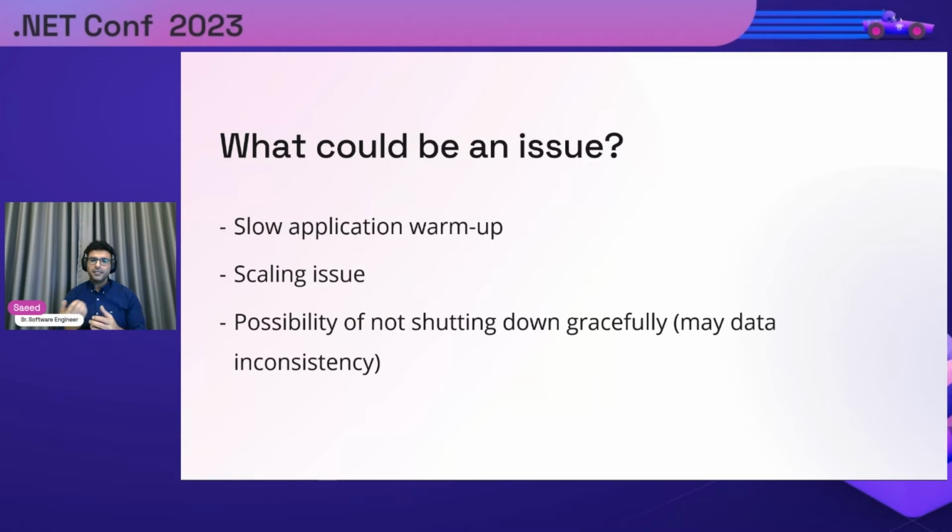Another one, we can have some scaling issues. If we want to scale up or scale out our application, for example on Black Friday, you want to add some other instances to the API.